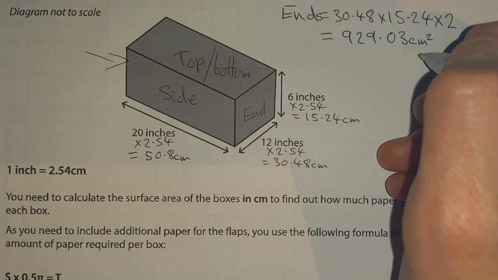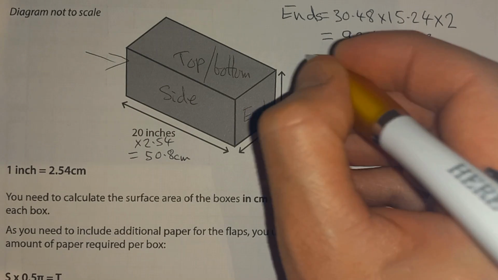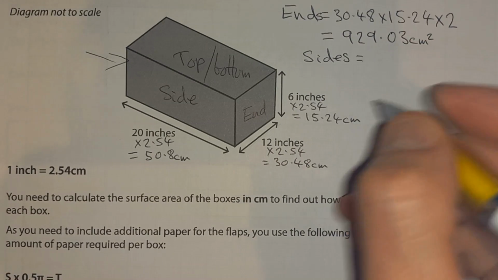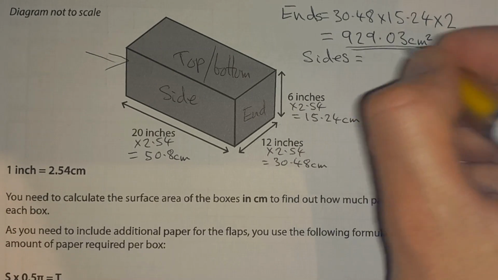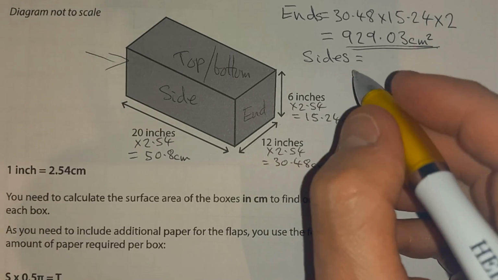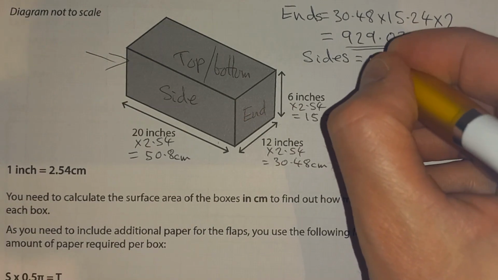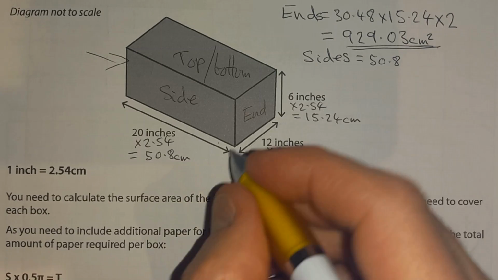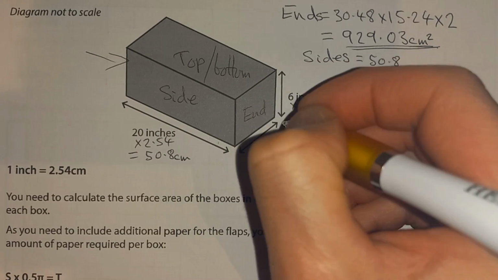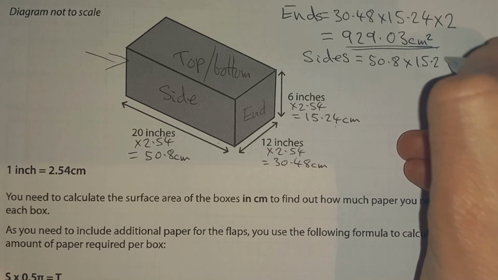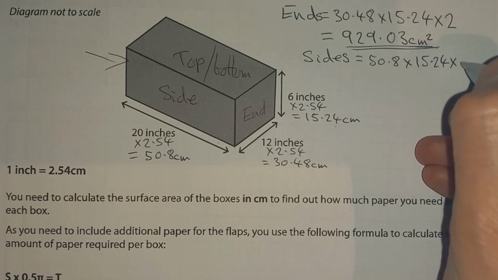Okay, now what should we do next? Let's do the sides. Actually, I'm going to underline that because that's important. So for the sides, well, the length is 50.8. The height is this height here, which is 15.24. And again, we've got 2 sides.